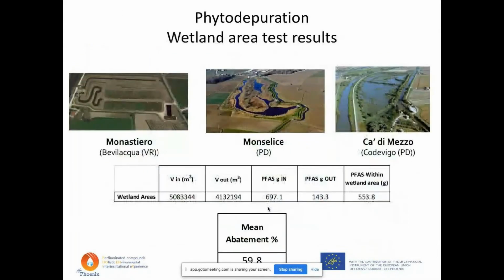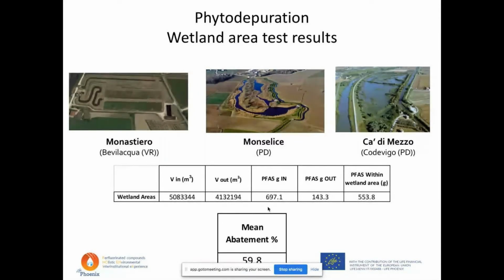So I will go very, very quickly through the results. As you can see, these are real-size areas, so the water capacity flowing within the areas is huge compared to a 3 cubic meter area. The whole areas cover more than 20 hectares of phytodepuration capacity.